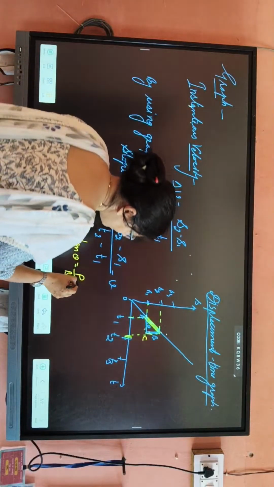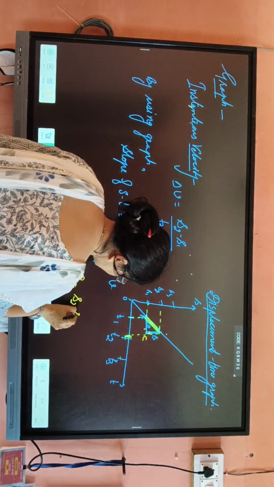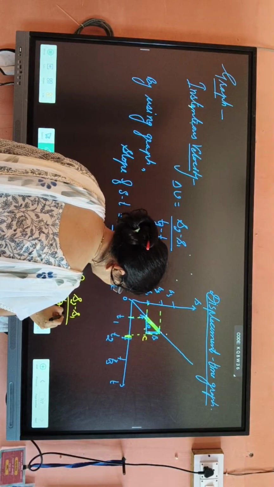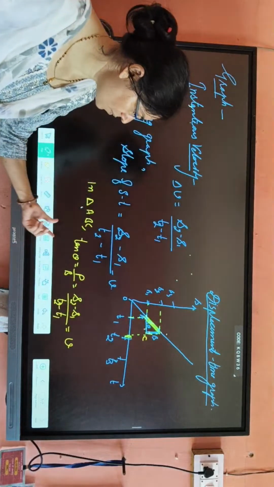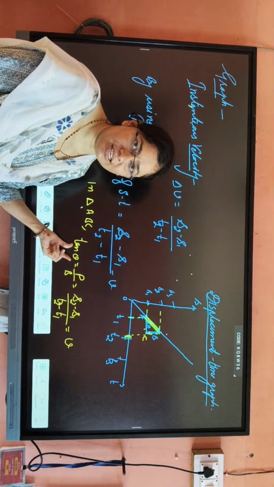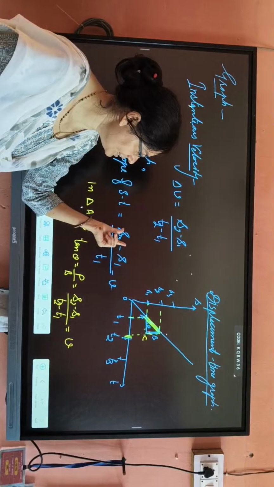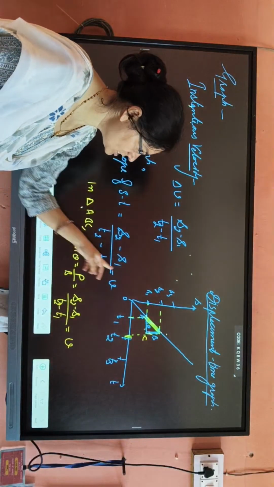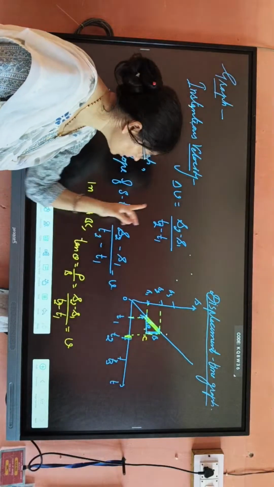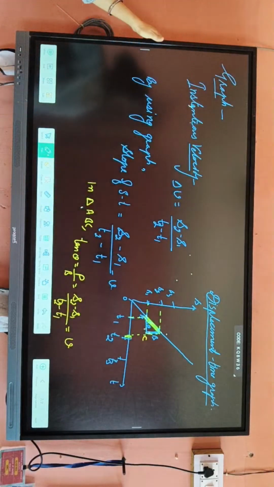In this right triangle we get a perpendicular and a base. So perpendicular by base we can also write as tan theta. Tan theta equals perpendicular by base, and this is (S2 minus S1) by (T2 minus T1), equal to your velocity. Clear? So in form of the angle we can write tan theta, as well as the slope, if values are given. This change in displacement to the change in time we call instantaneous velocity.